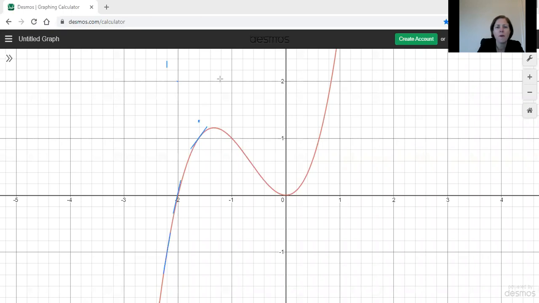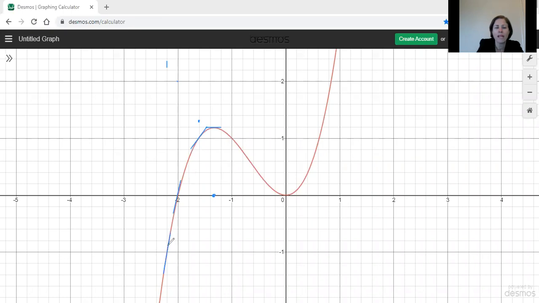But I can see that right here on this turning point, I've got a horizontal gradient. So at that point, my gradient function, the function that shows what my gradient is, is going to equal 0, which means I'll have a point sitting right on the x-axis. So this is the point where I cross the x-axis.